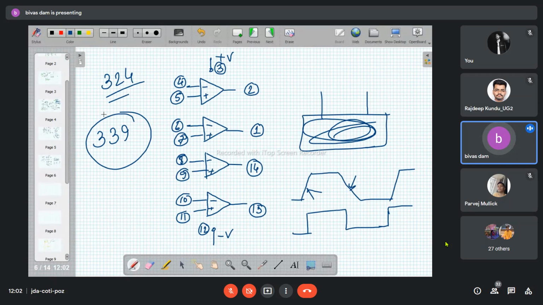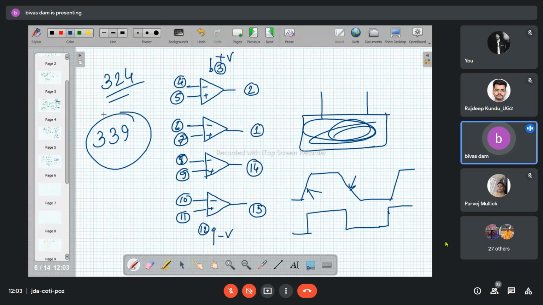Like your 7400, the quad NAND gate. Why not 7404? Why is it 7400? Nobody knows. While fabricating, they set up a committee, and that committee associated certain part numbers with certain categories of devices. So it is like that only.